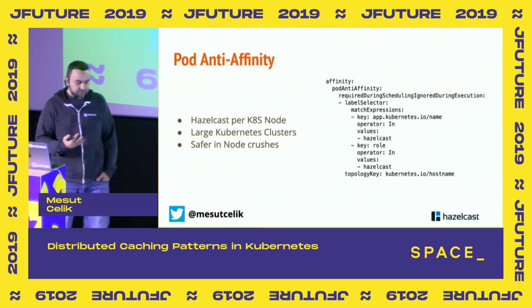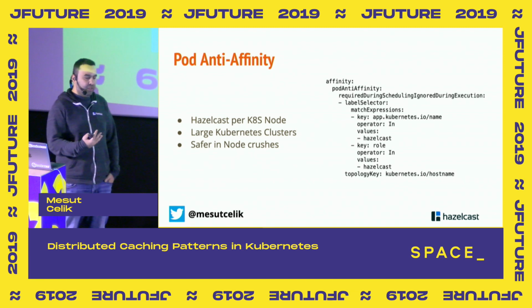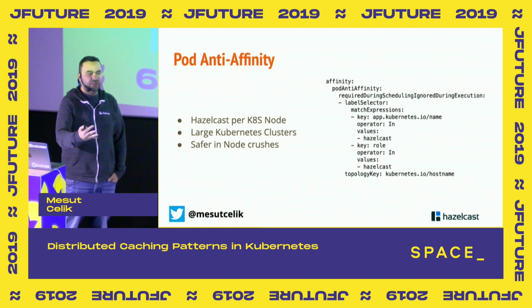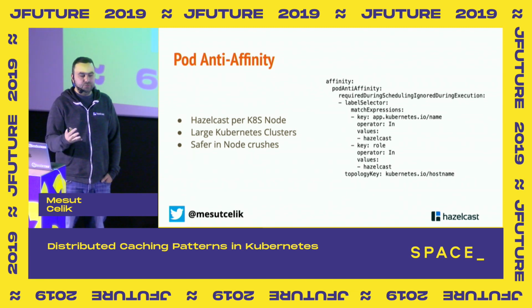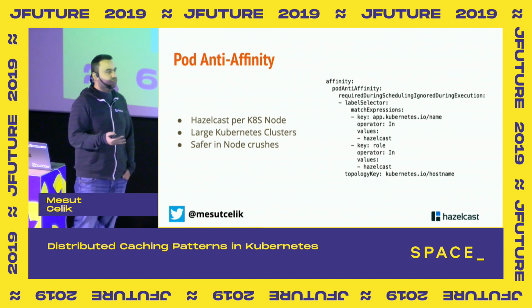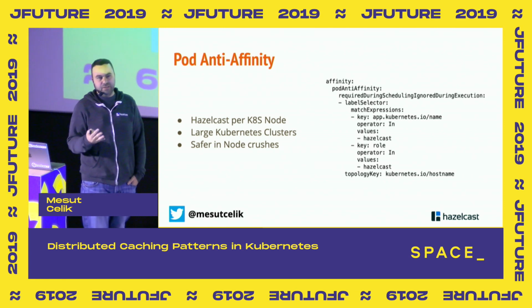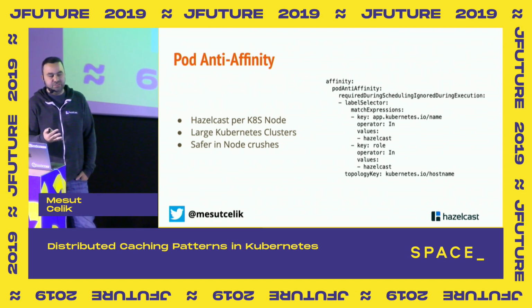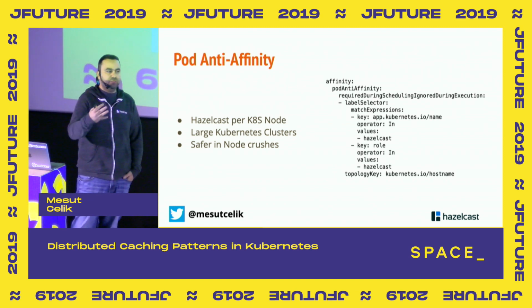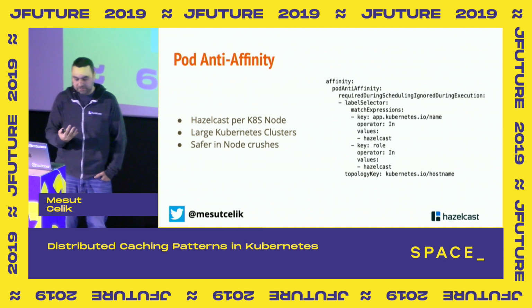Which means that if this node crashes, then you will lose some of your cache, and that might be costly based on your architecture, because you need to reload it from your system of record, database, etc.